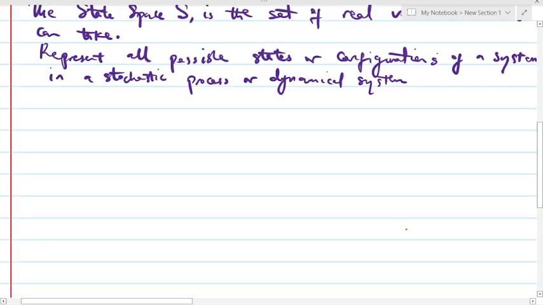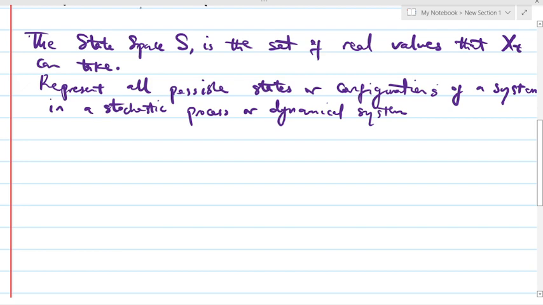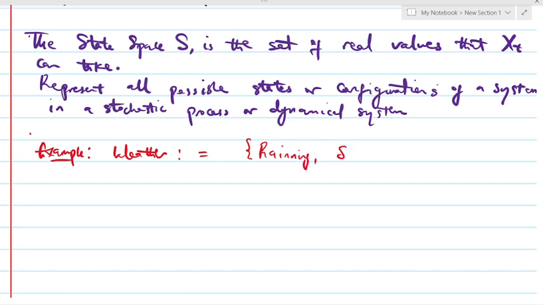For example, if the system we are dealing with is weather, maybe that is the dynamical system. The possible state the weather can be today is that it is either raining or sunny. We can say that is the configuration of the weather, either raining or sunny.